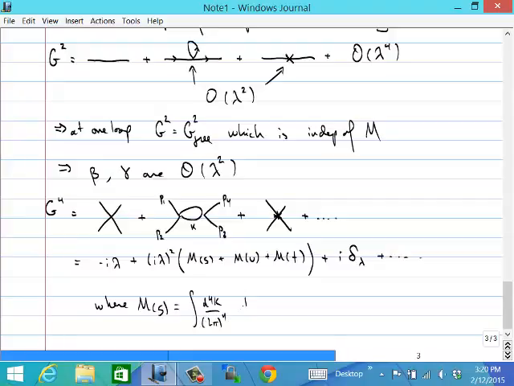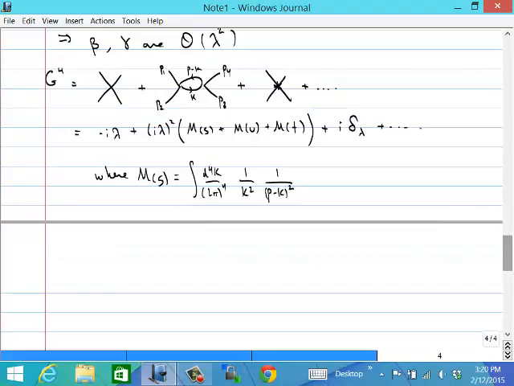Then you have a 1 over k squared coming from this propagator down here, and a 1 over (p minus k) squared coming from the propagator up here, where p is equal to P1 plus P2.